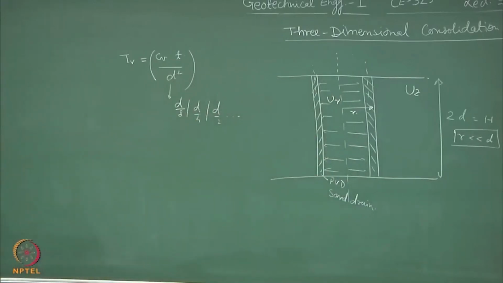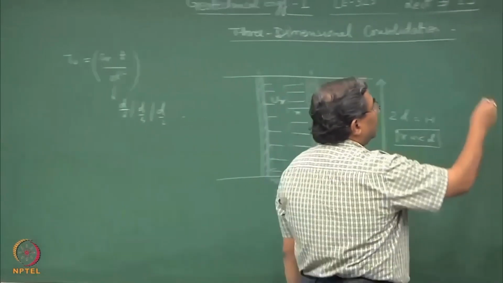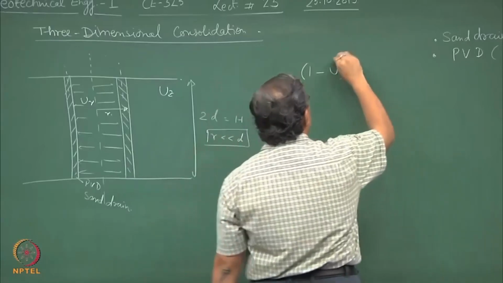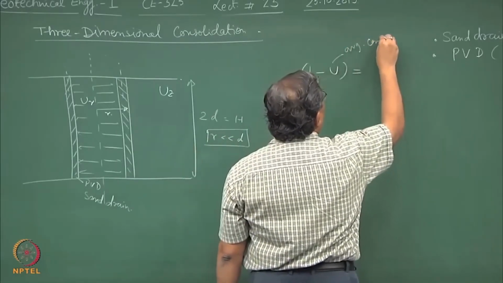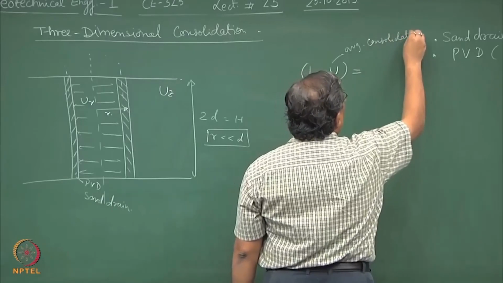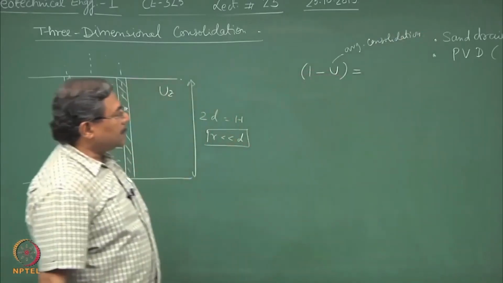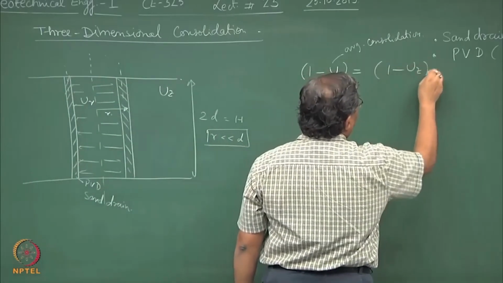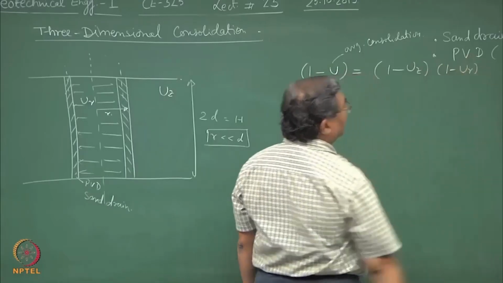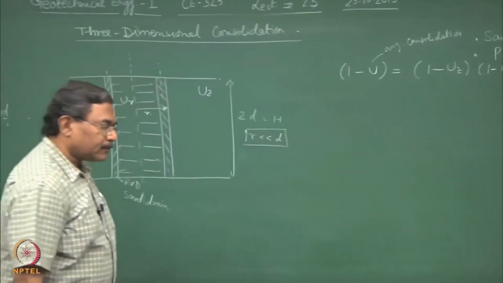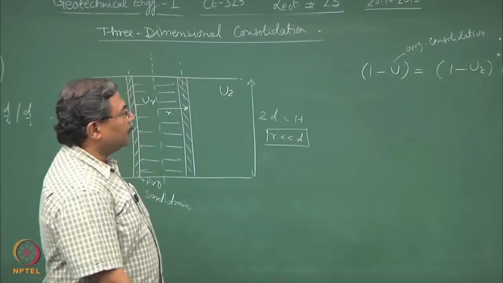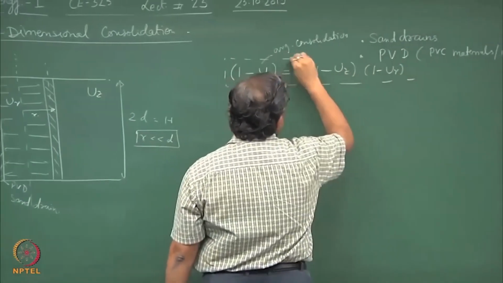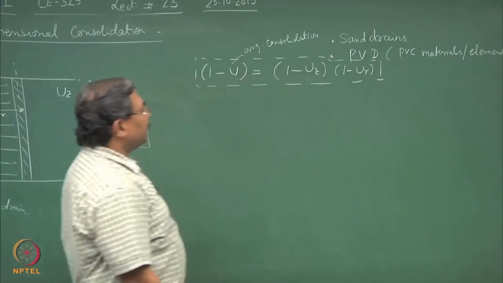So, by doing this type of a manipulation, I can say that 1 minus U, if U is the average consolidation undergone by the soil mass, this would be equal to 1 minus UZ into 1 minus UR. Okay. So, this is a relationship which is utilized.